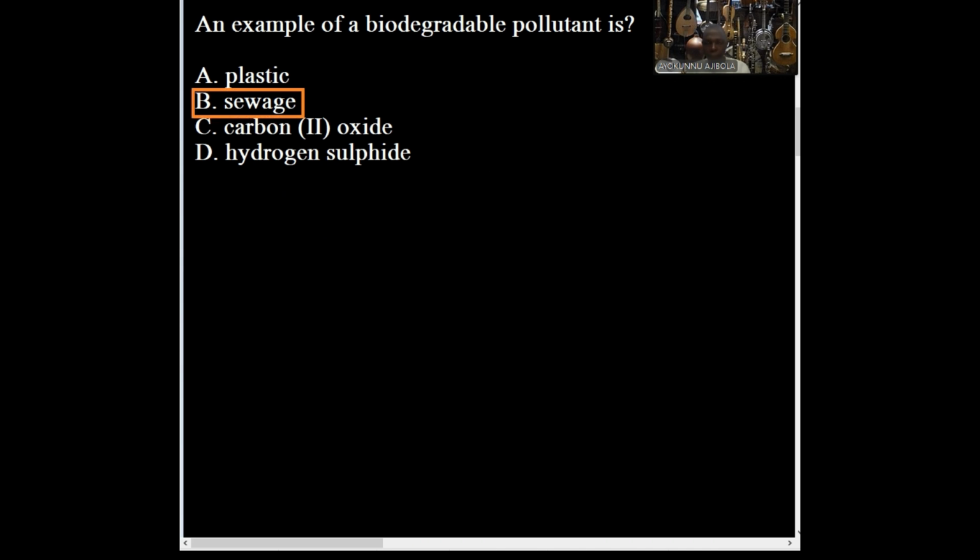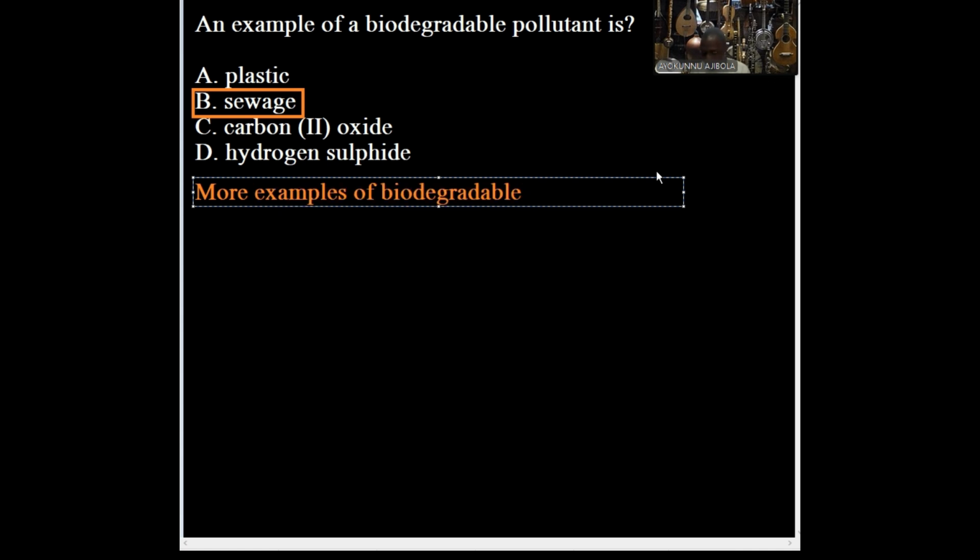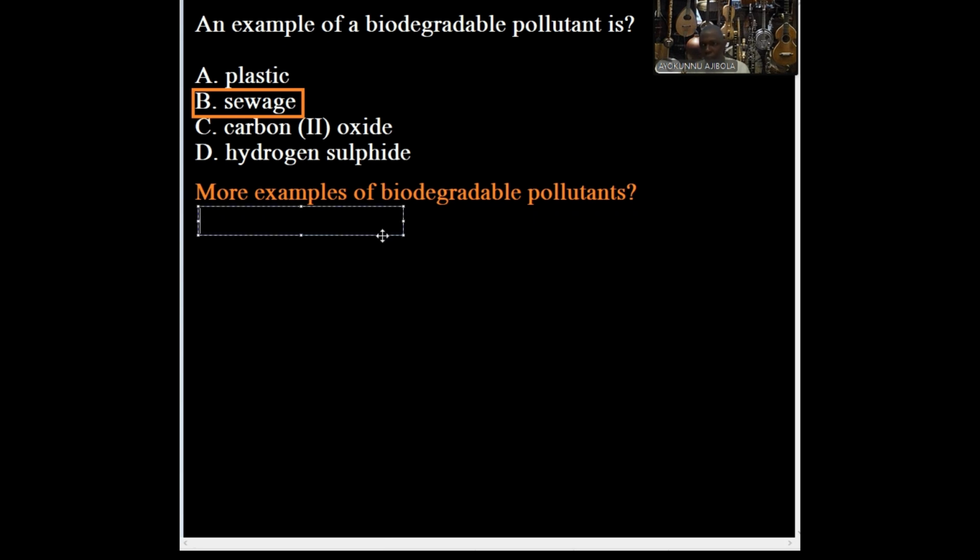So now let us look into more examples of biodegradable materials or pollutants. Maybe you should all mention, one by one, more examples. Yes, what are more examples?